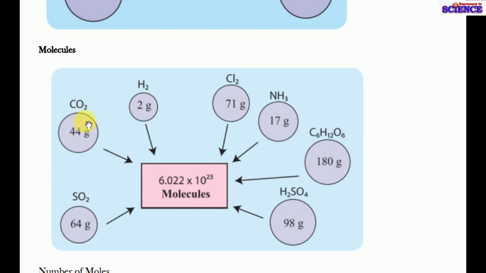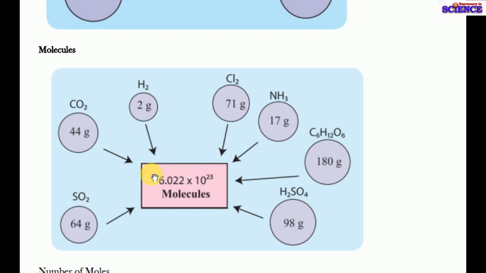Assume that you have measured 44 grams of carbon dioxide gas in the laboratory. In that sample you have two things to find. One is the number of molecules. Easy, because if you have the relative molecular mass amount in grams, it should contain this many molecules.